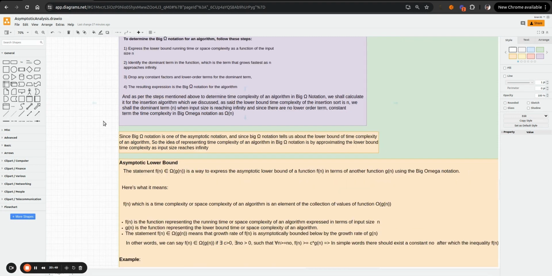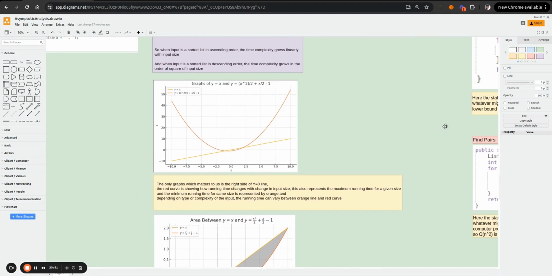As we already talked about, it has a lower bound and an upper bound time complexity. For n equals 2, the lowest value it can take is given by this expression n, and the highest value it can take is given by this n square. If we calculate for 2, it will be 4 basically. So this gives us the value 2 and this gives us the value 4.